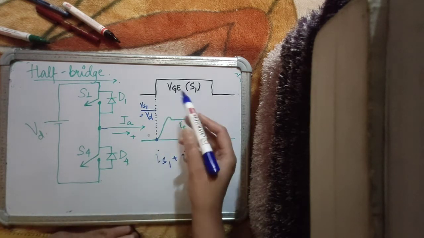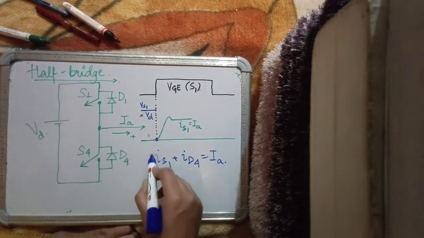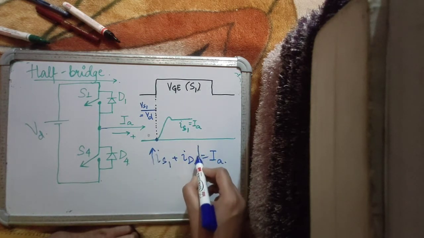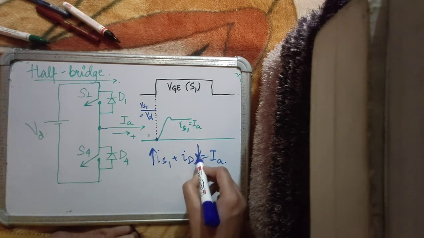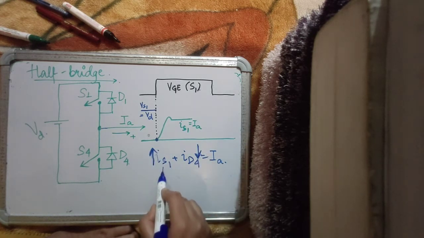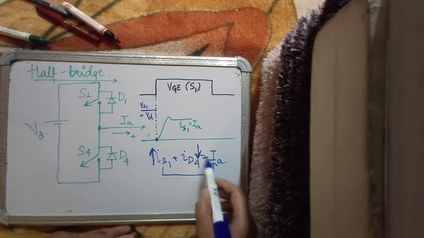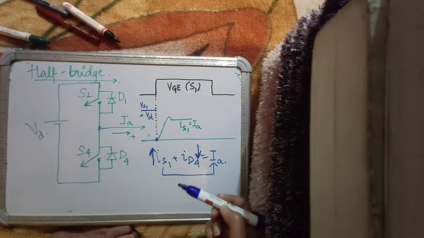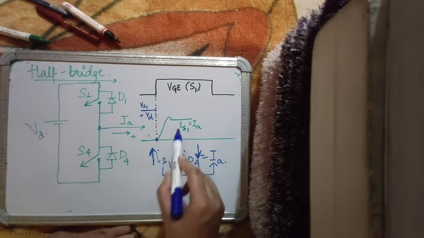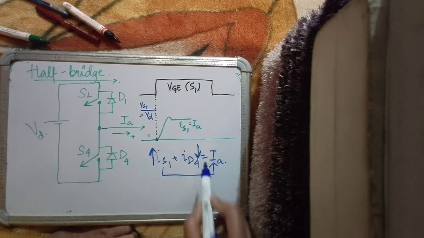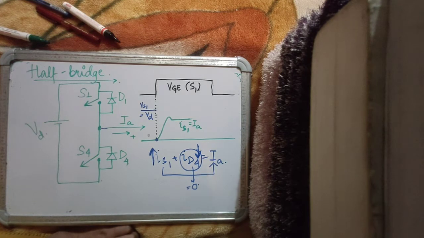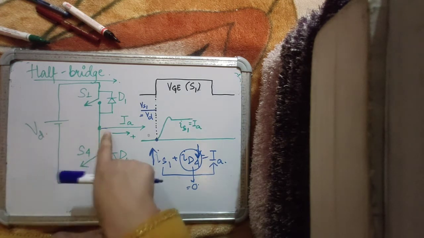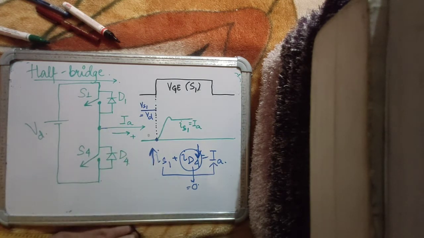Now, when you switch S1 on, this current starts rising and this current starts falling, till the time IS1 becomes equal to IA. D4 will keep falling, and as soon as IS1 reaches IA, only then ID4 will become 0, because we have maintained a condition that IA is constant, the load current is constant.